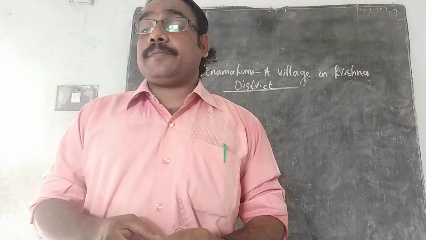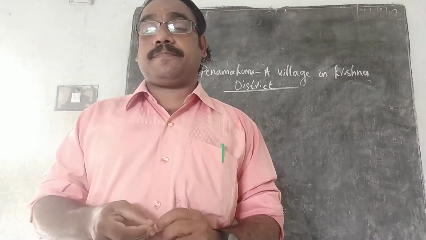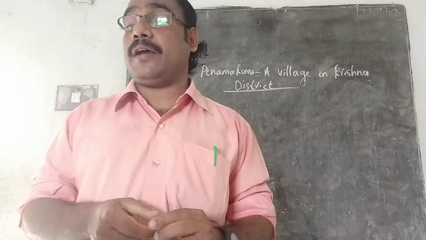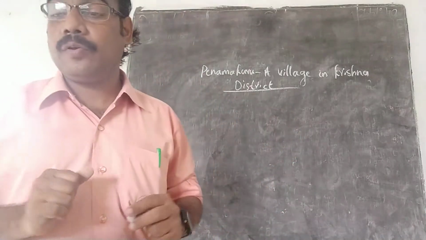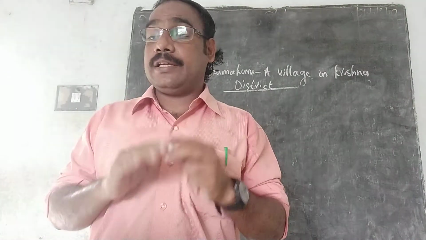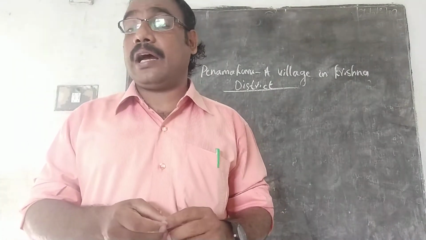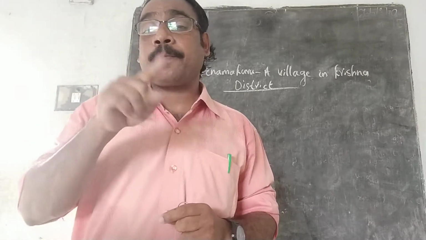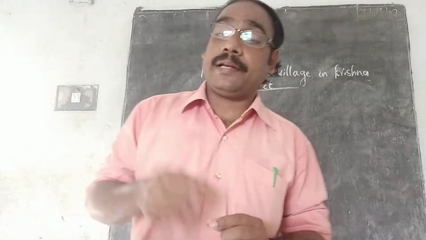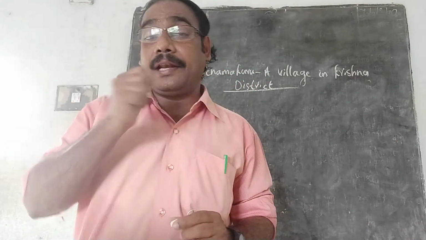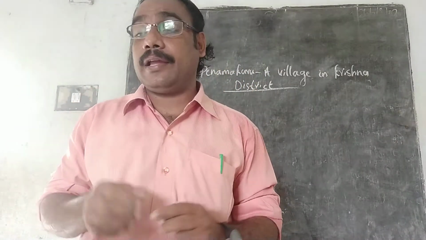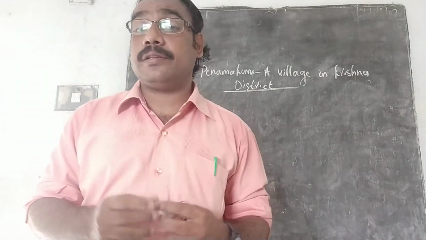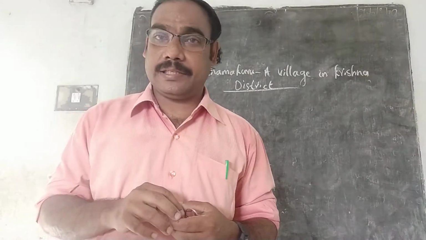There are about 750 families, how many? Around 750 families in Panamakuro village. Out of these, 10 families have 10 acres of land. Nearly 150 families have land below 5 acres, and the remaining families do not have any land. Is it clear?